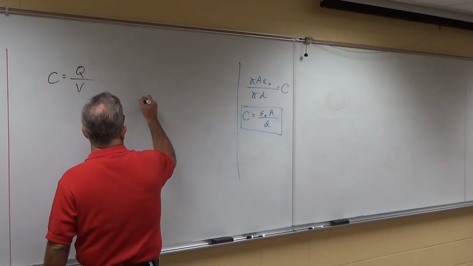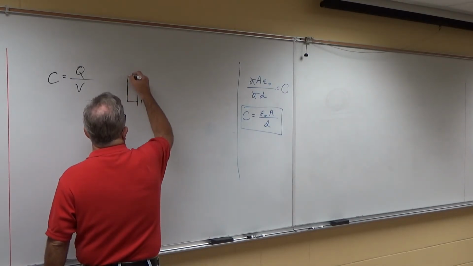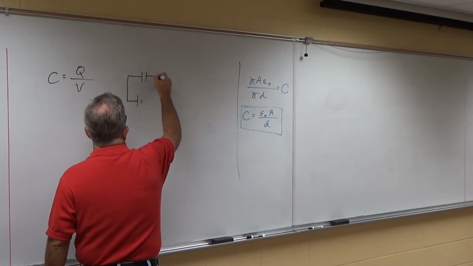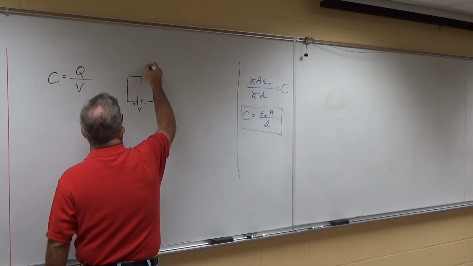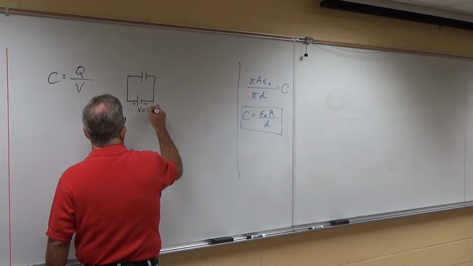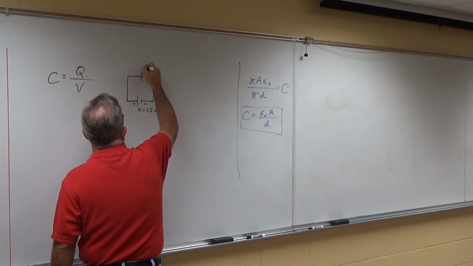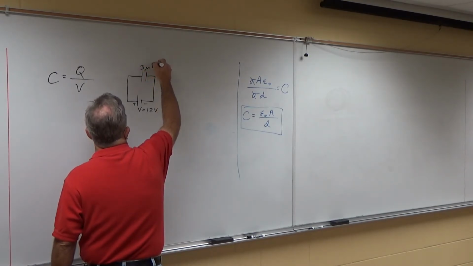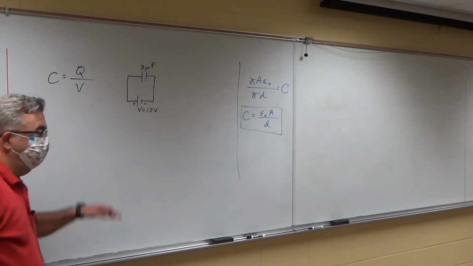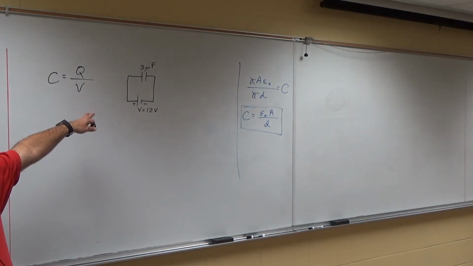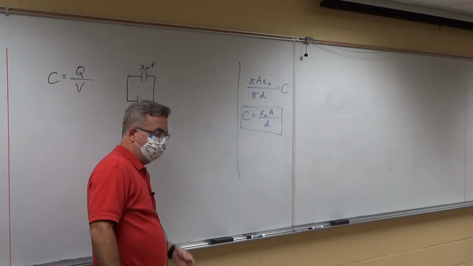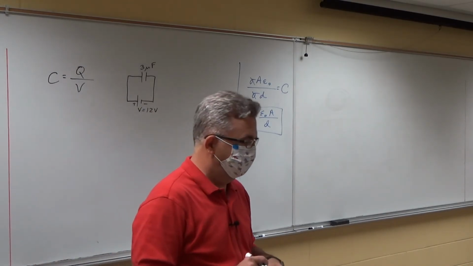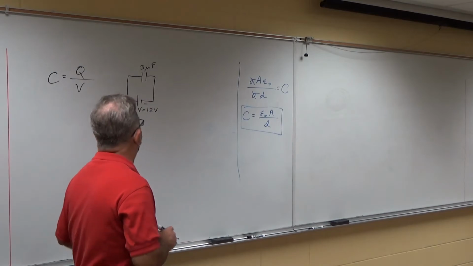So in a circuit, here's about as simple as you can get. By the way, I'm drawing these, let's say V is equal to 12 volts, and this is equal to 3 microfarads. In any circuit, even though I'm not drawing it in, there is resistance present, except if you want to go into some exotic superconductors and things.